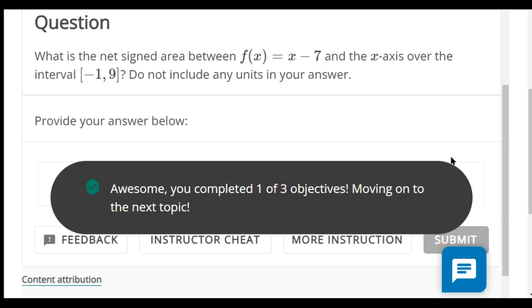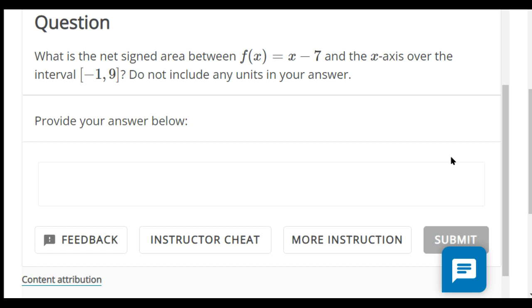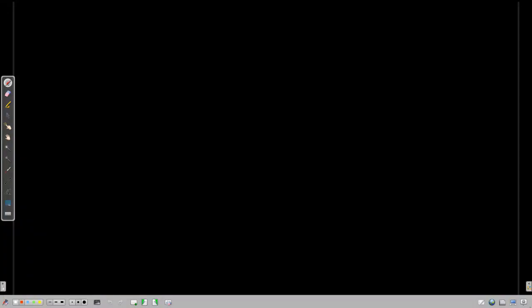What is the net signed area between this function and the x-axis over the interval of -1 to 9? Well, let's draw a picture of it.